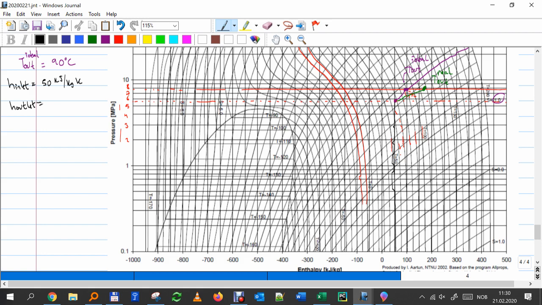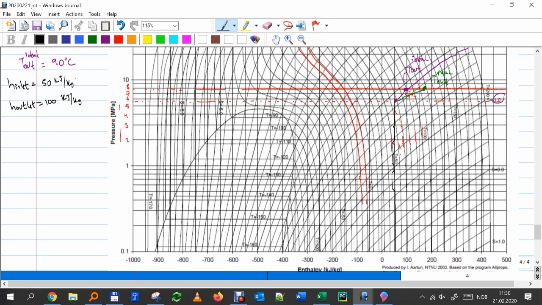Close to 100, I think. Slightly less than 100, might be 90 something. Do you read those values on your chart?